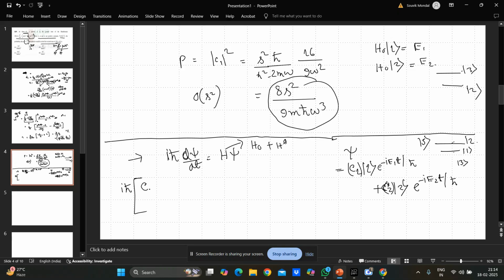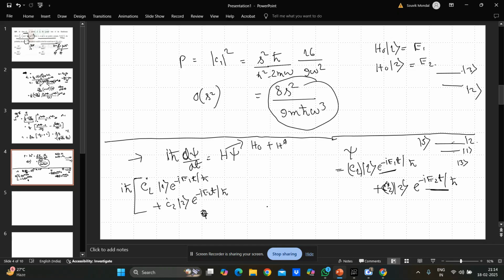First differentiate C1 dot to get C1 dot |1⟩ e to the power minus iE1t/ħ plus C2 dot |2⟩ e to the power minus iE2t/ħ. This is C1 dot and C2 dot. Now there is another time part, the time dependent exponential part, so you have to differentiate it also.